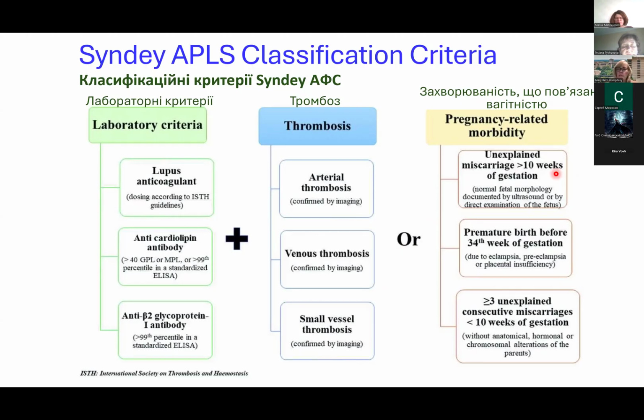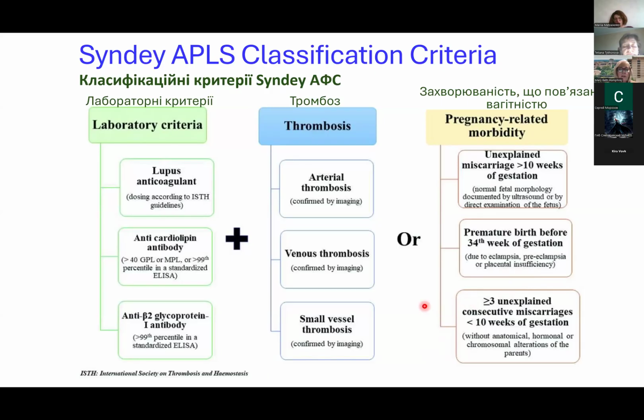The second kind is that you have premature birth before 34 weeks. And this is usually due to eclampsia or preeclampsia or placental insufficiency, because the placenta gets a lot of clots in it. And then the third way that you can meet this criteria is if you have 3 or more consecutive miscarriages in the first trimester.